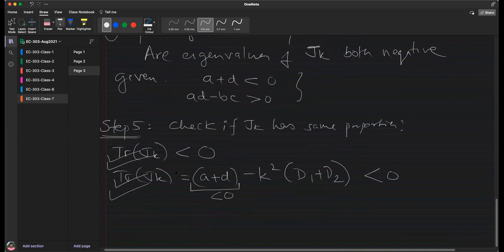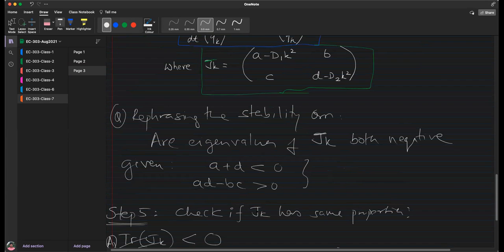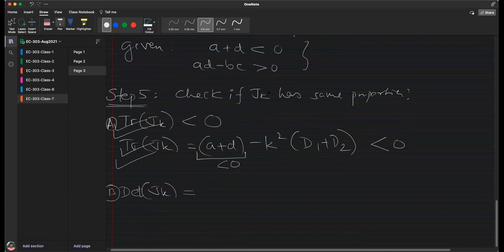What's the second property that you have to check for the equilibrium stability? The second property will be the determinant of JK. That's going to be the product of these two diagonal terms minus PC. So you have (A minus D1 K square)(B minus D2 K square) minus PC.